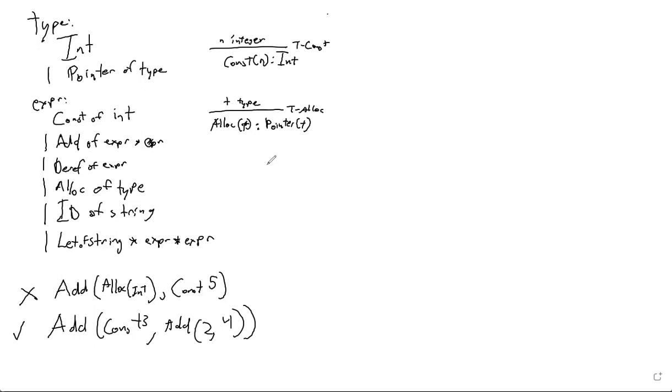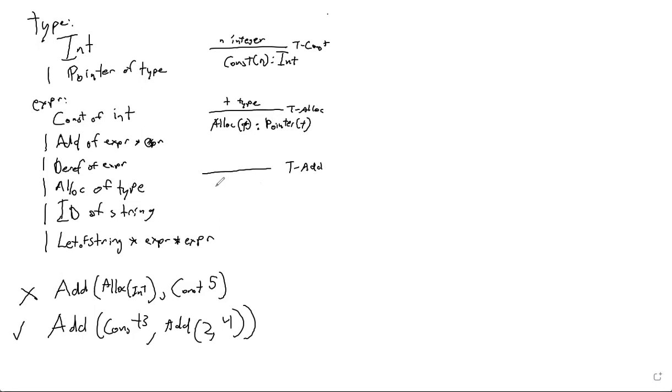All right, let's go for adding. So we're going to make a new rule, tadd. And we want to be able to say that add, I'm just going to use a plus sign here because that's a nicer syntax.